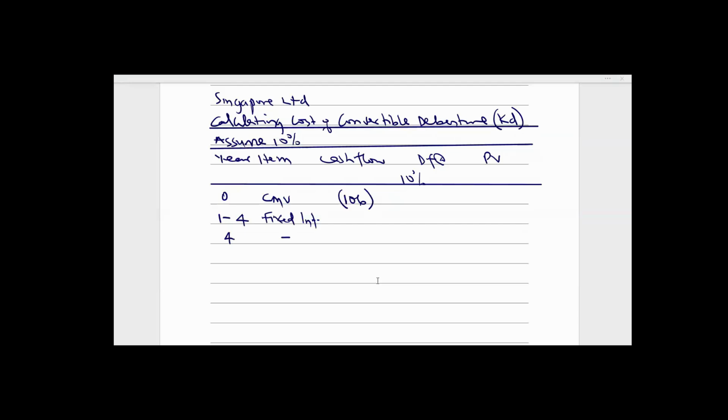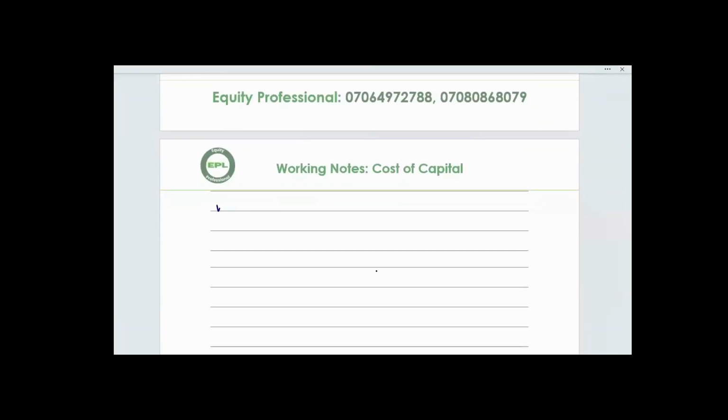I will then go and do working. I want to calculate working number 1, the after-tax interest, that is the post-tax interest. This is computed as interest multiplied by 1 minus tax rate. Interest is 10%. Tax rate is 40%.